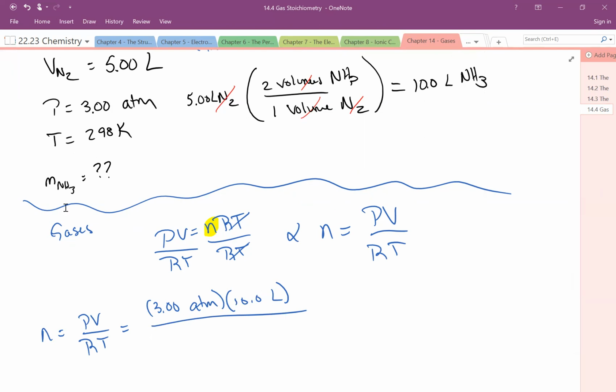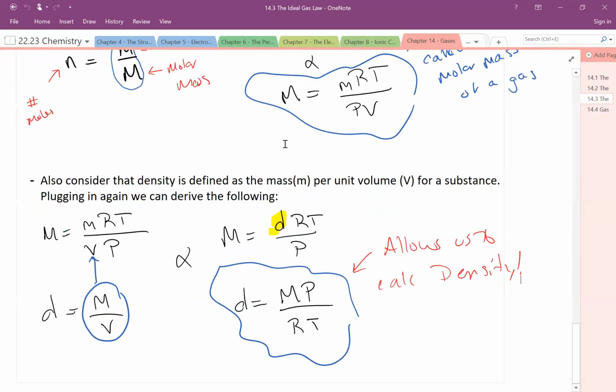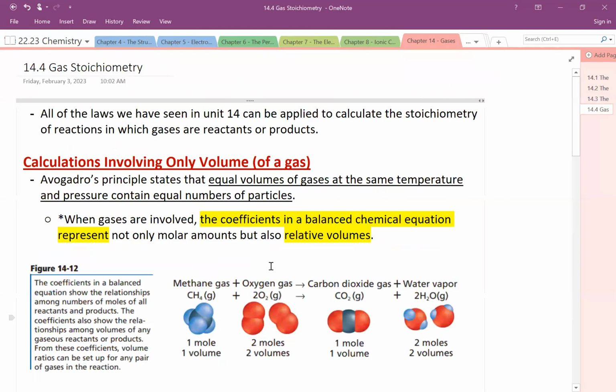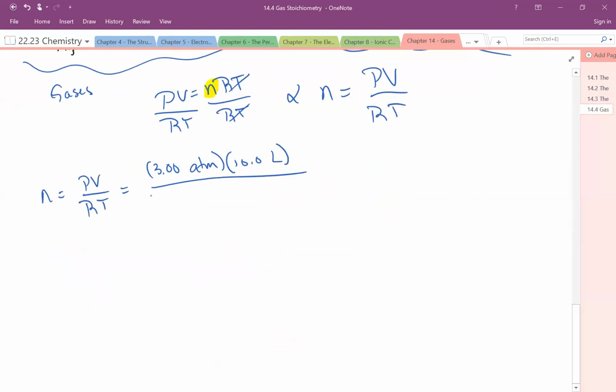For this question, I have atmospheres in my pressure unit, so I am going to use the ideal gas law constant that has atmospheres, liters times atmospheres per mole per Kelvin. That's 0.08206. So I'm going to plug that in as my R constant, 0.08206 liters atmospheres over mole Kelvin. That's an L, not a C. And then finally, I am going to add my temperature, 298 Kelvin.